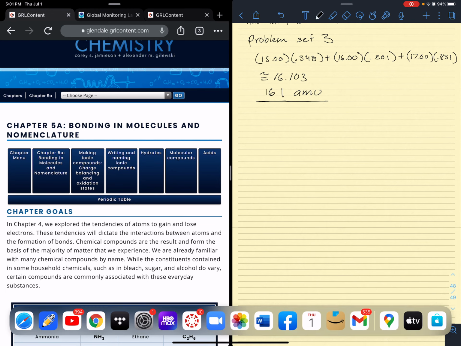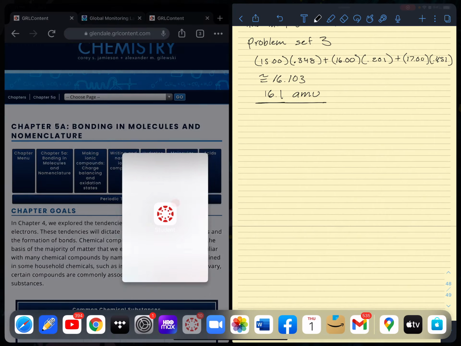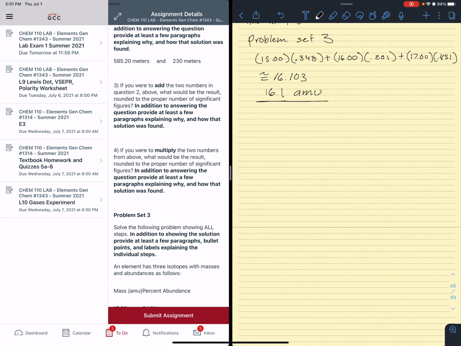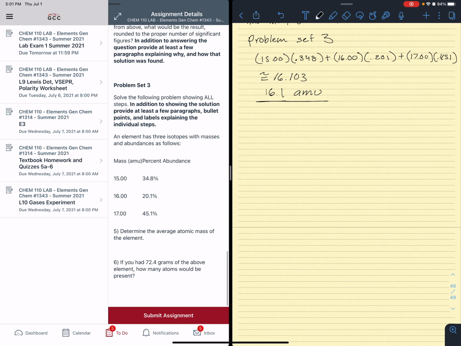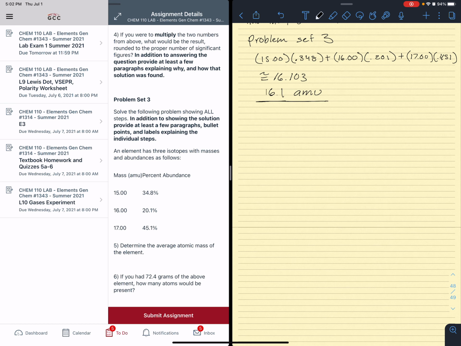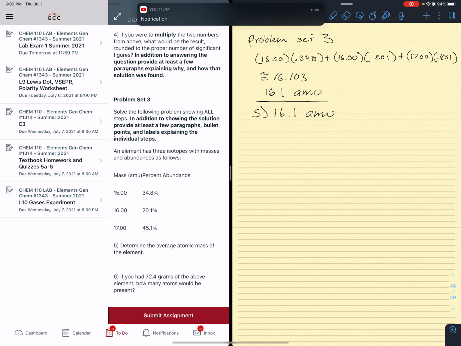But that's how you'd find the atomic mass unit of this hypothetical element. And that's the answer to number 5. So number 5 is 16.1 AMU, because it's asking us to determine the average atomic mass of that element, and the average of that element is 16.1 AMU.